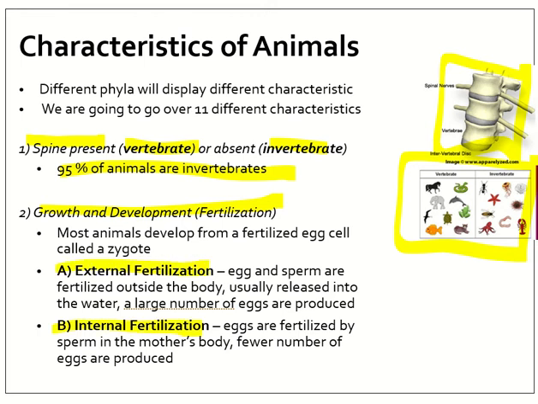External fertilization is where the sperm and the egg are released outside the body, and that's where fertilization happens outside of the body. Internal fertilization is when the egg is fertilized by the sperm within the female's body. Usually you see fewer eggs or offspring being produced in internal fertilization because there's more care taken to that developing offspring.